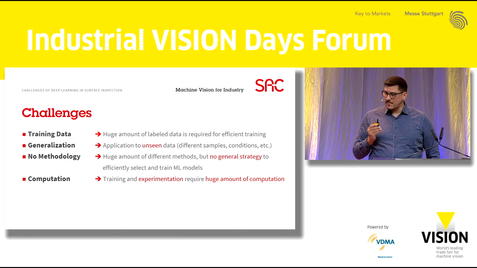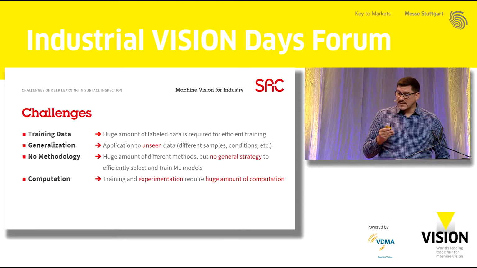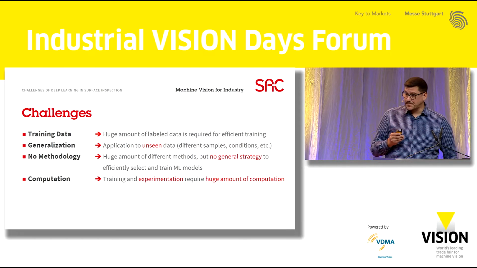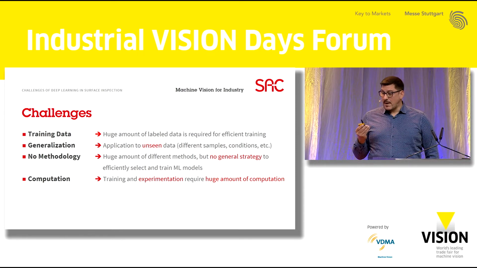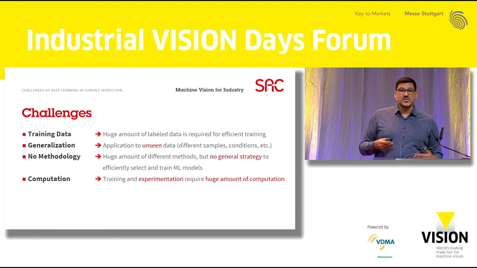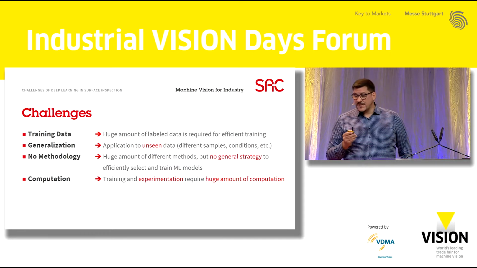Fluctuations in production, different operating environments and conditions, such as ambient light and so on, must be taken into consideration. There are many different methods to build and combine neural networks. Nevertheless, there is no general strategy to efficiently select, train, and validate these models.